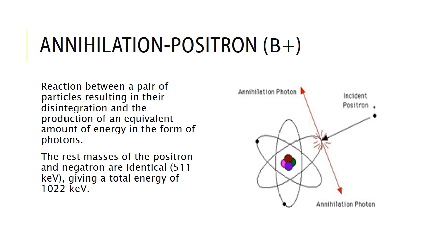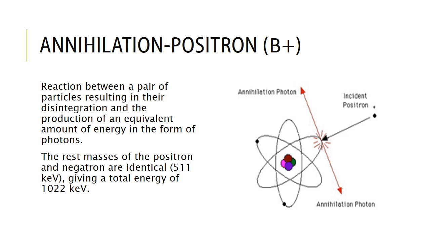Annihilation only occurs with positrons. The other things we were talking about, like ionization, excitation, and Brems, all occur with both positron and normal beta decay. But annihilation only occurs with positrons, so only beta positive.